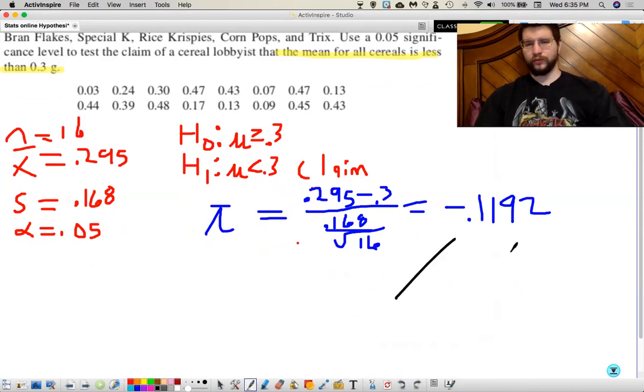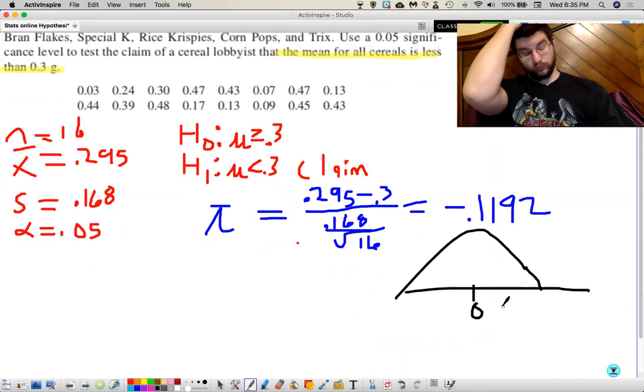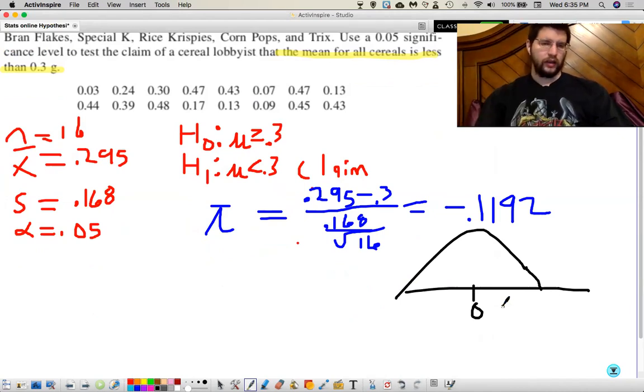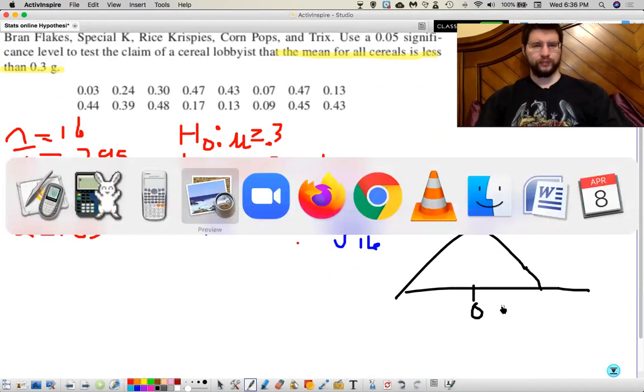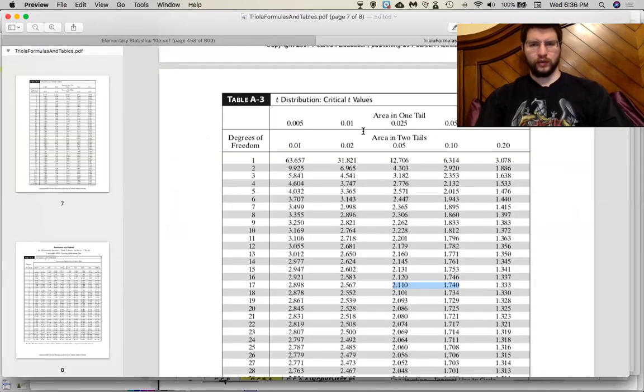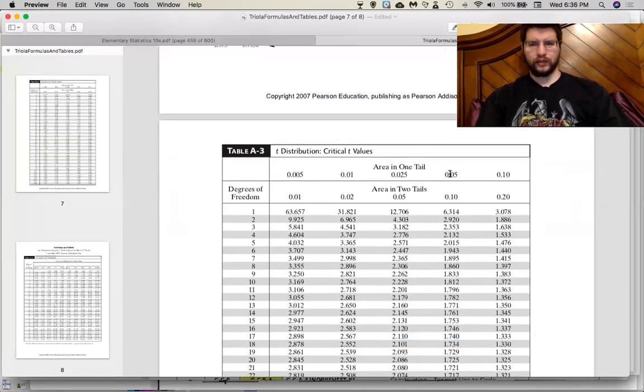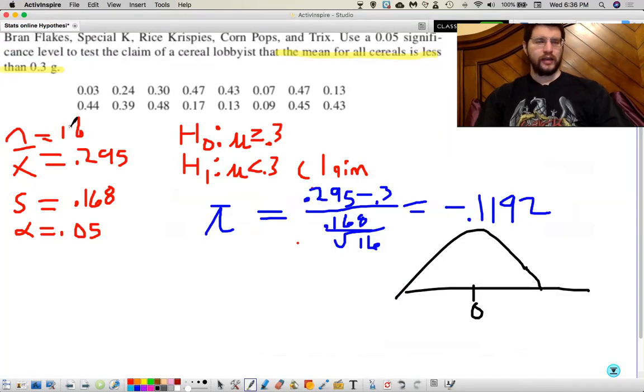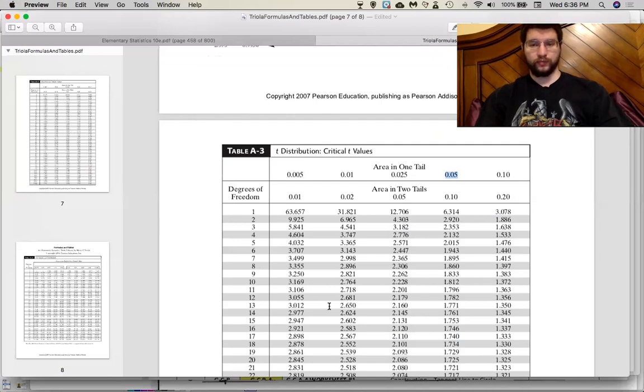I'm going to find my critical value. It's a left tail. Left tail 0.05. One tail 0.05 is the second last column. N is 16, so my degrees of freedom is 15. 15 degrees of freedom, second last column. That's my critical value right there, 1.753.